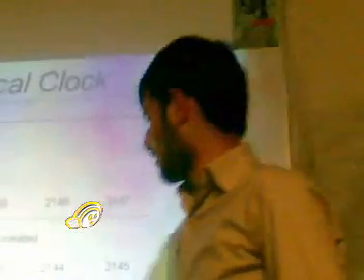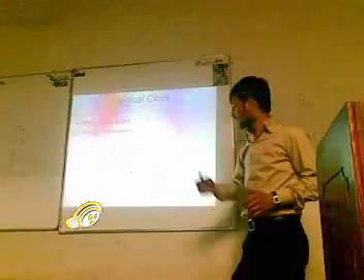What is a logical clock? A process having a logical clock is just a counter. It's monotonic. A logical clock is a way to assign a number to an event to express ordering.